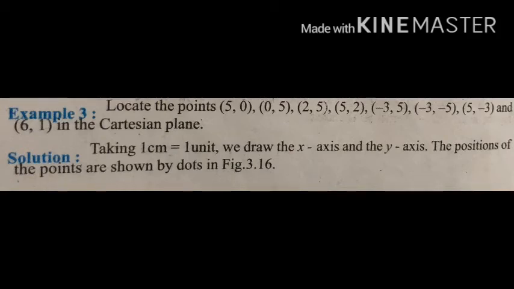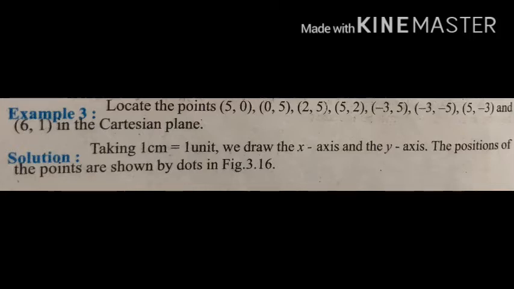The intersection of -3 and -5 is denoted by any alphabet, either A, B, C, D, whatever you want to denote this point by, and that point shows the coordinates (-3, -5).